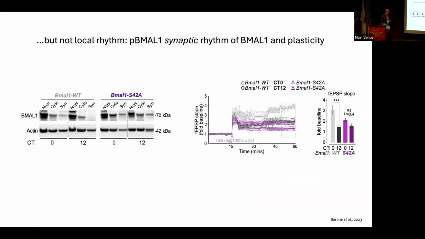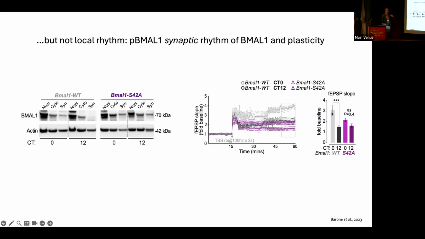But what gets interesting is if we look in the synapse at the rhythm of BMAL. Here, BMAL is high, low, actually it's there just very low. But in this mutant, the rhythm is completely gone. The BMAL is just high all the time. And in fact, we see this not just for BMAL, but for CAMK, CAMK's associated proteins, and for outputs like long-term potentiation. So this is the baseline change in long-term potentiation.